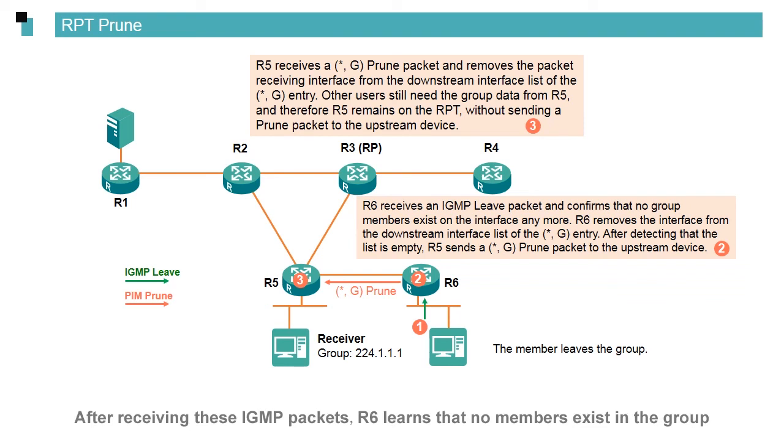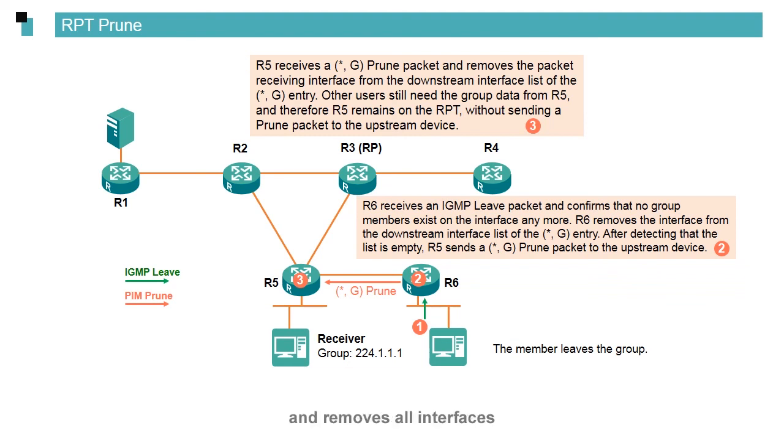After receiving these IGMP packets, R6 learns that no members exist in the group and removes all interfaces from the downstream interface list of the (*, 224.1.1.1) entry, after which the list becomes empty.